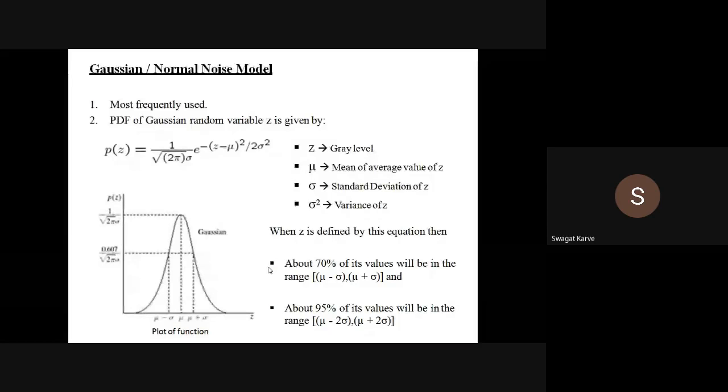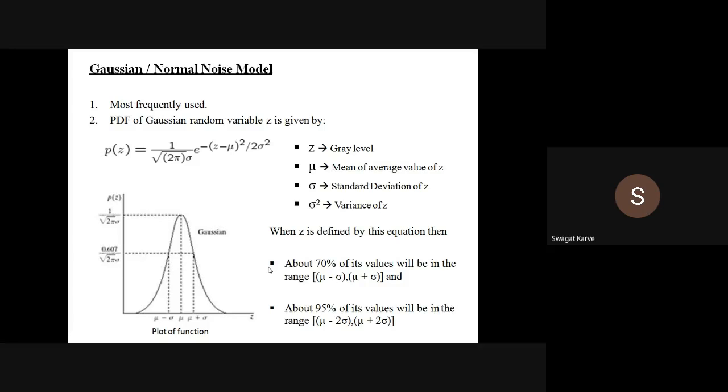So the probability density function of this Gaussian random variable is given by p(z) equals 1 divided by the square root of 2 pi, times sigma, times e raised to minus (z minus mu) squared divided by 2 sigma squared. What is sigma, what is mu, what is z? All of this is given there. z is the gray level, mu is the mean or average of that gray level, sigma is the standard deviation, and sigma squared is the variance of z.